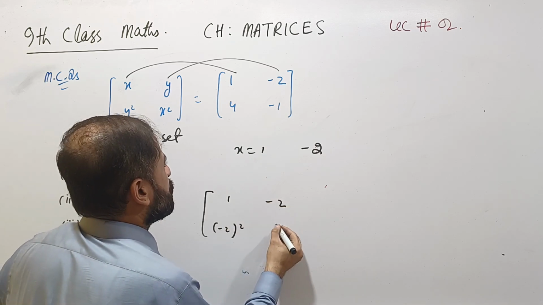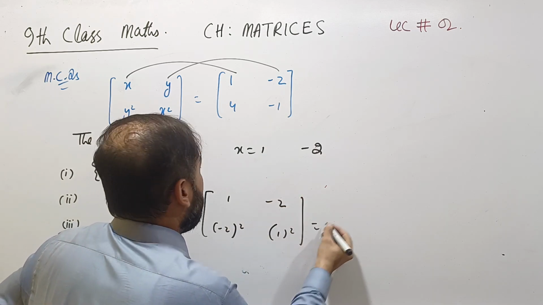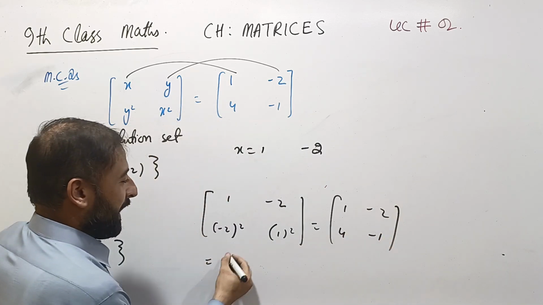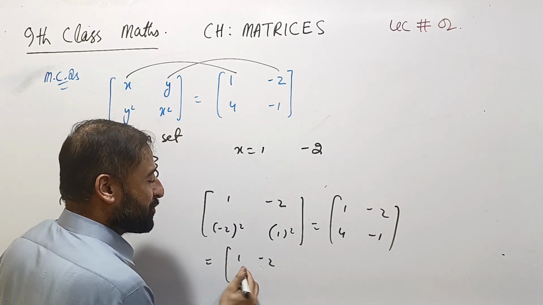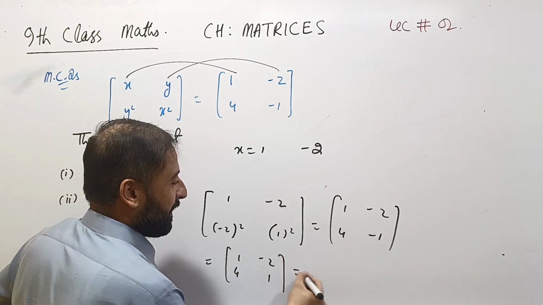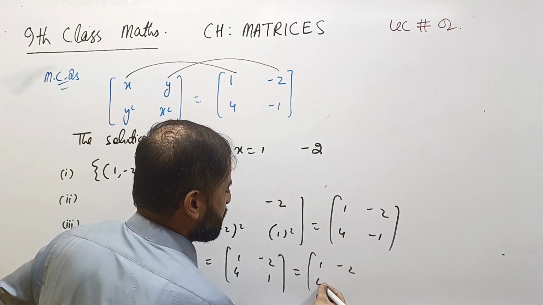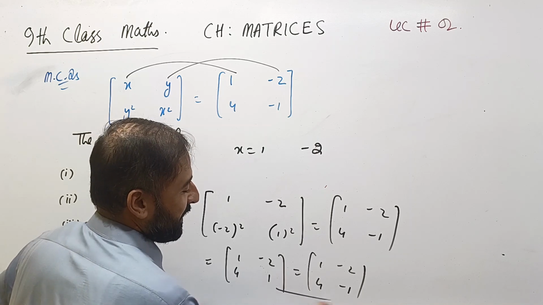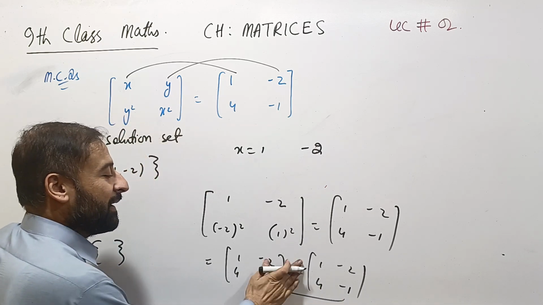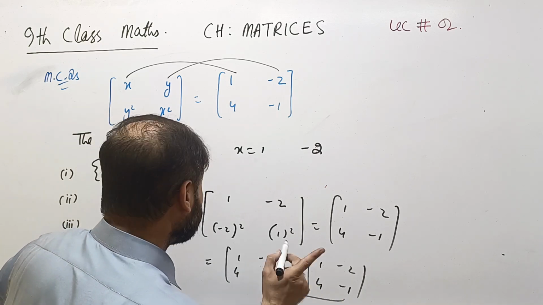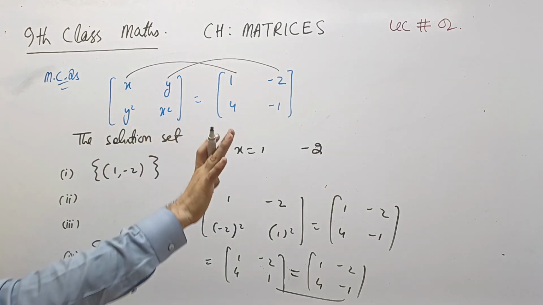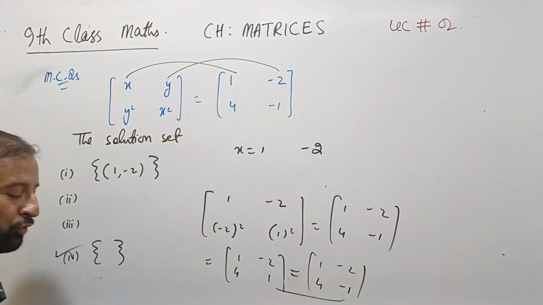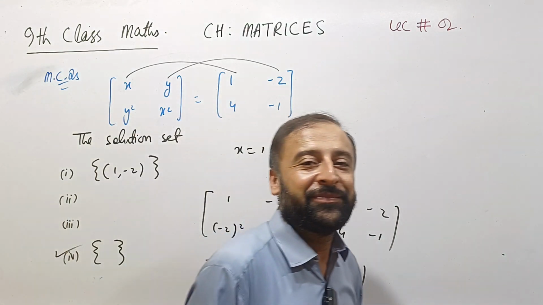If you check, both sides are not equal. It will give you 1 and minus 1, and of course this is not true. 1 and minus 1 can't be equal. Hence, the given problem has no solution. We say its solution set is empty.